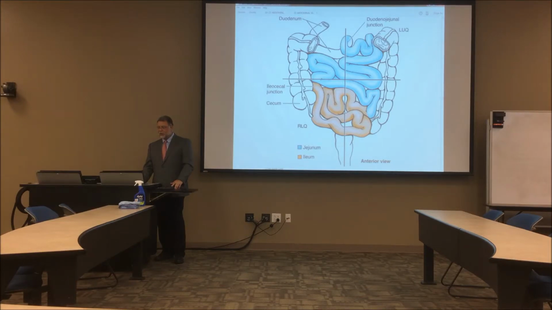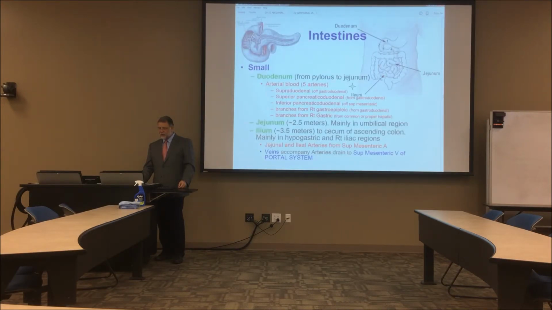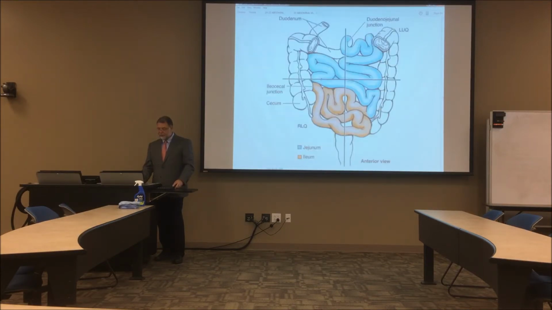And that's a very important landmark. As I said, recall retroperitoneal going into the intra-abdominal or intraperitoneal cavity. About the length of the jejunum and then the ileum, remember, jejunum is just about 2.5, ileum is larger, 3.5.